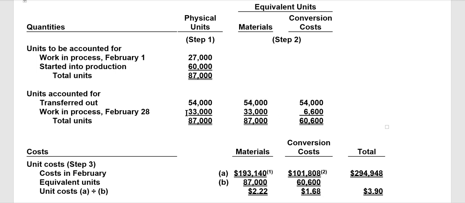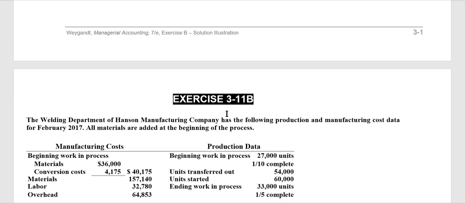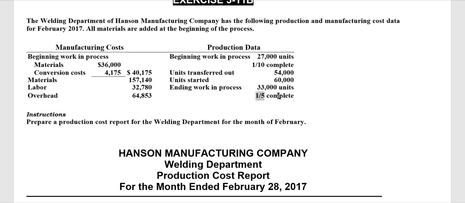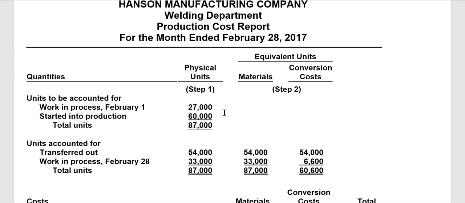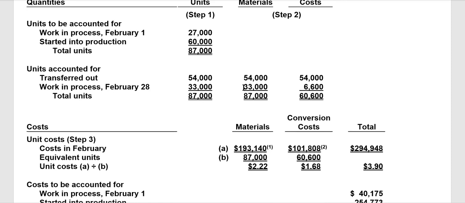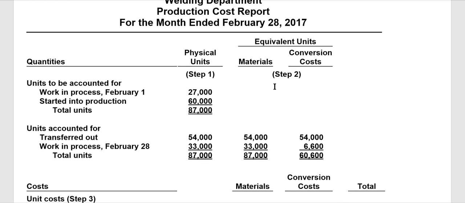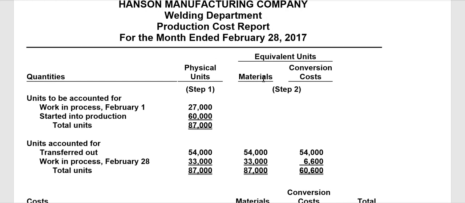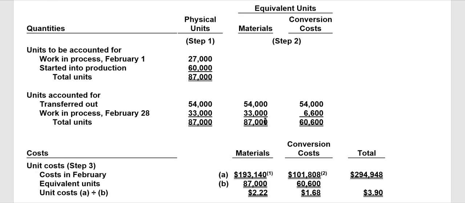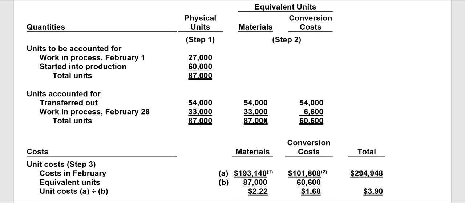However, for the work in process, we have 33,000 units, but they're only 20% complete. Recall that we were told 1/5 complete, 20%. And so 33,000 units would be the equivalent number for materials. Why? Because 100% of the material was added during the month of February.